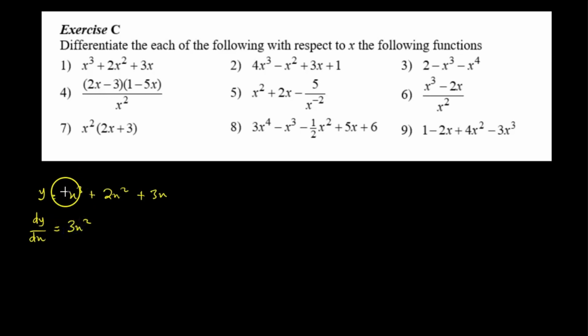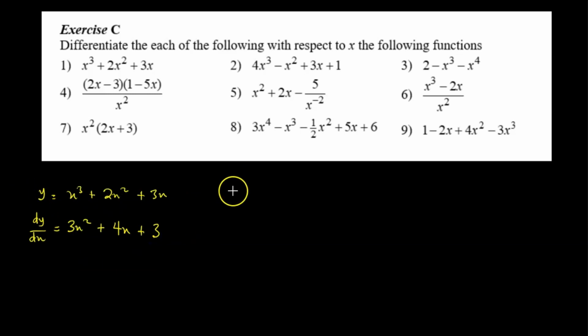You pick the power and multiply the coefficient of the variable x by the power, giving us 3. Subtract 1 from the power, so that is 3x squared. Then plus, this will give us 4x: multiply the power by the coefficient, giving us 4, and subtract 1 from the power, that's 1. And then plus 3. So that is all. Now that's number 1.